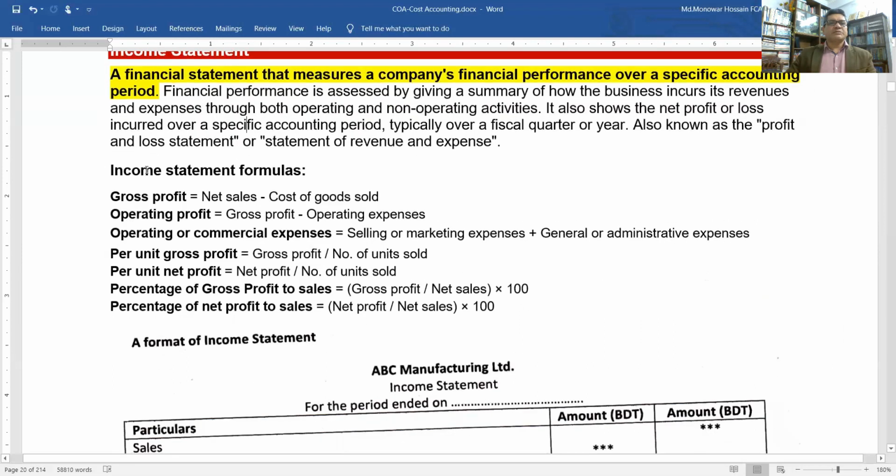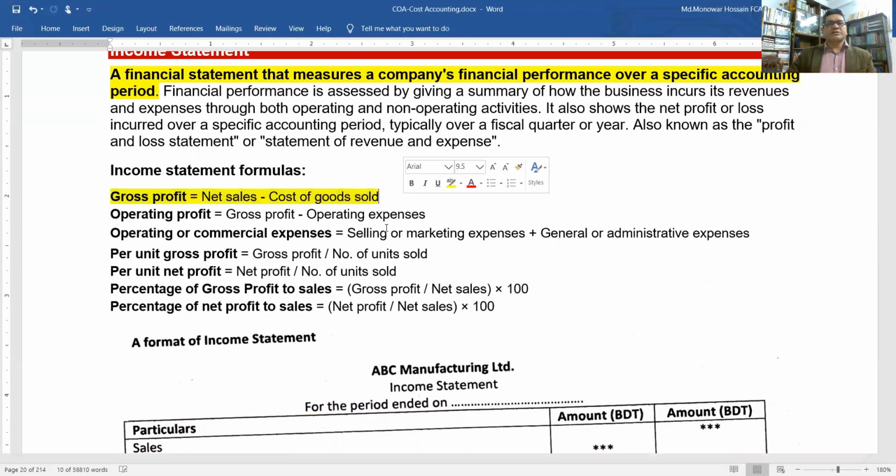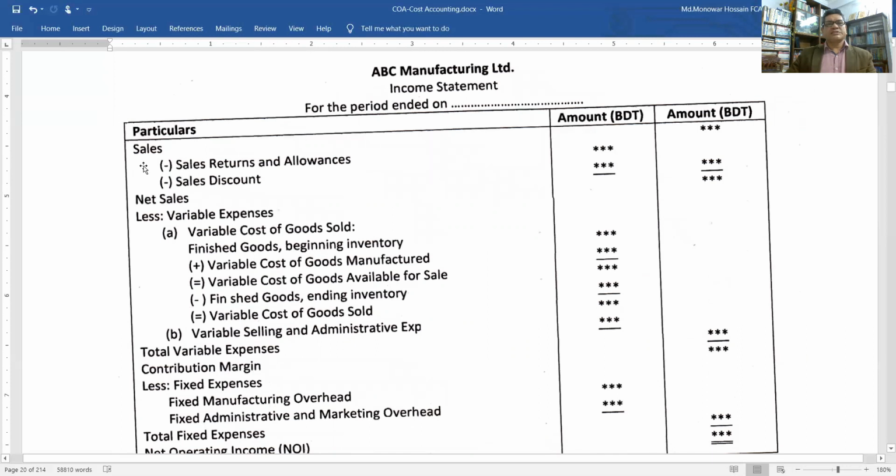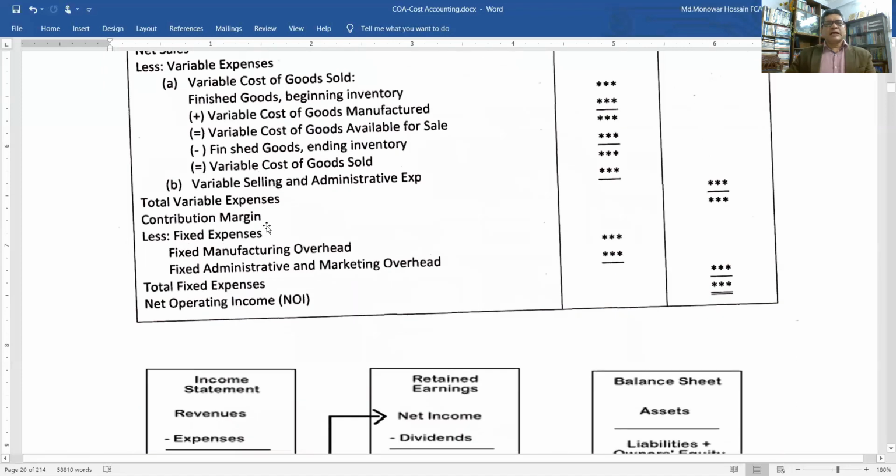So in the income statement, gross profit we can calculate as net sales minus cost of goods sold. And here is the income statement, which starts with sales minus sales return minus sales discount, giving net sales, minus variable expense, and we get the contribution margin, and less the total fixed expense, after deducting, we get net operating income, okay?